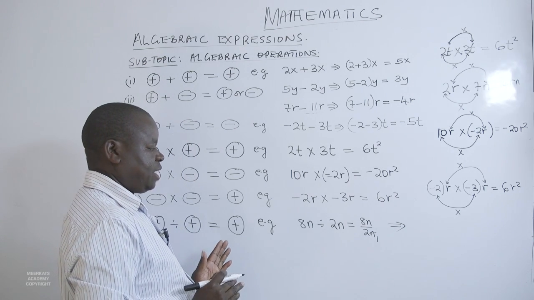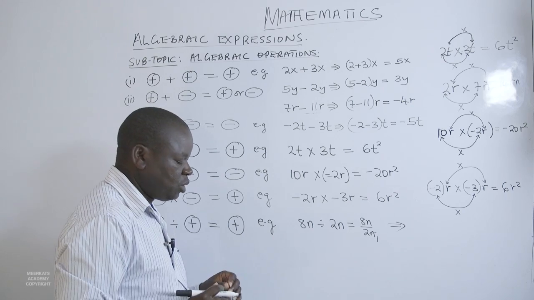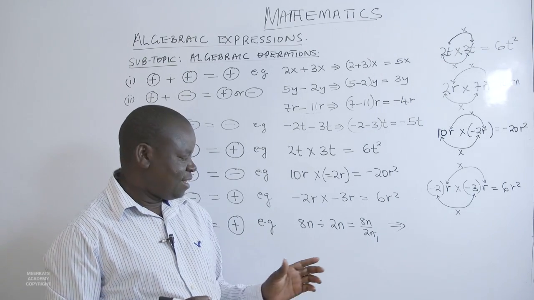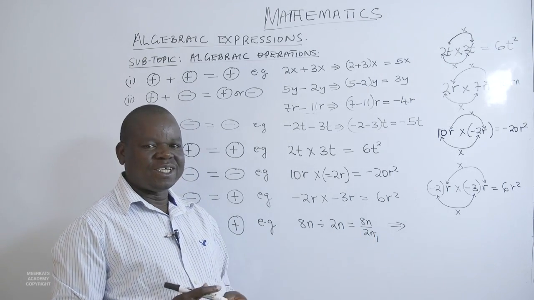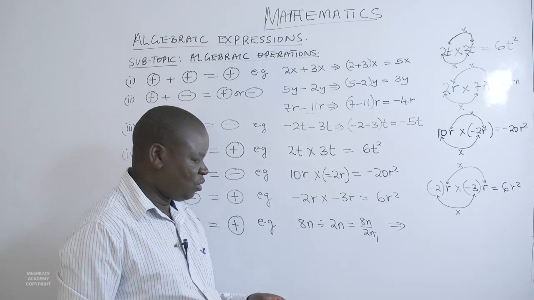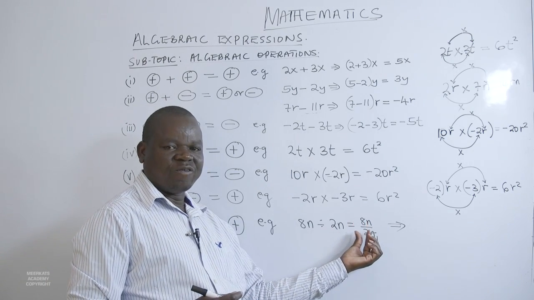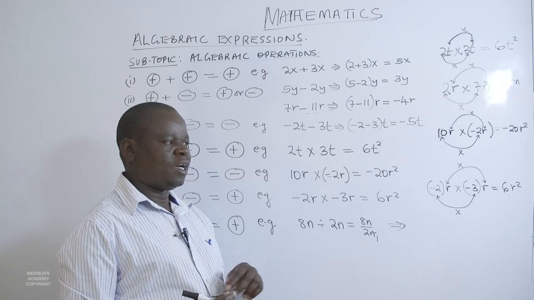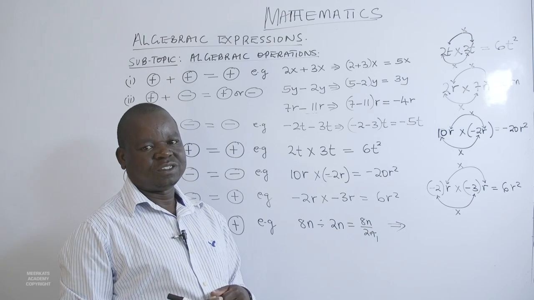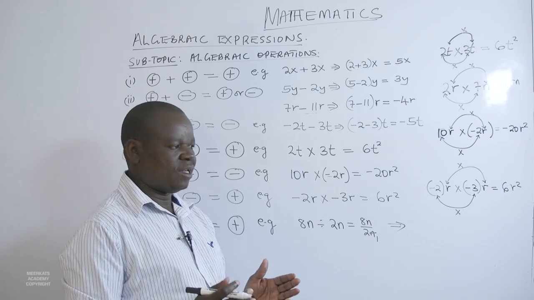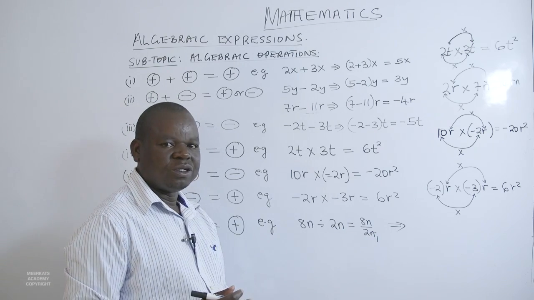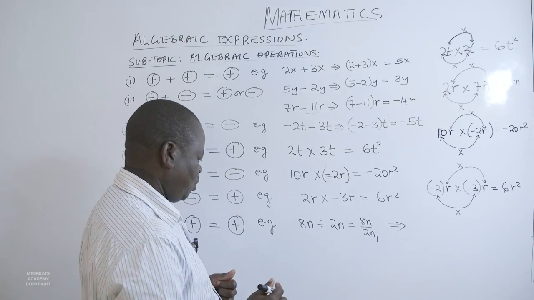We divide each part the way we have done with the multiplication. We follow the same procedure as in the multiplication. We divide the coefficients and we also divide the pronumerals. Then we combine. The quotient will be a positive.